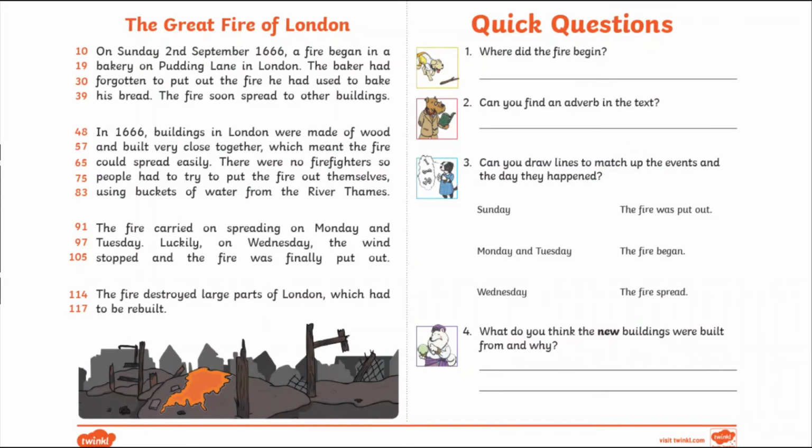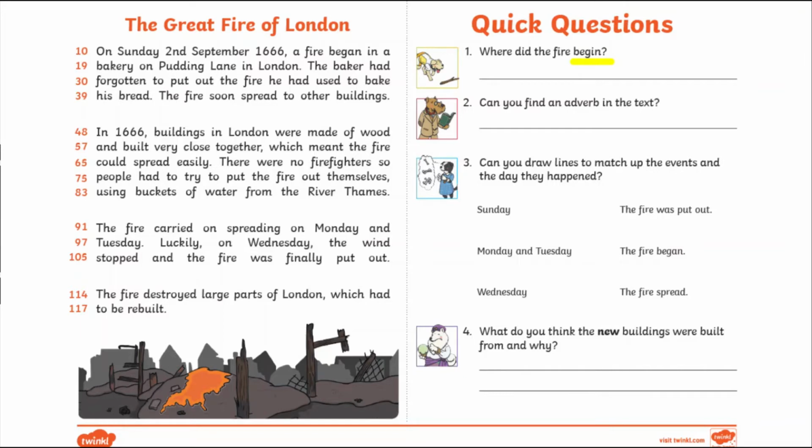So let's have a little look at the answers. Let's have a go at working them out together and you can see if you got them right. So the first question said, where did the fire begin? And I said we would need to look at this word and maybe think of other words that mean the same thing if we can't find that word in the text.